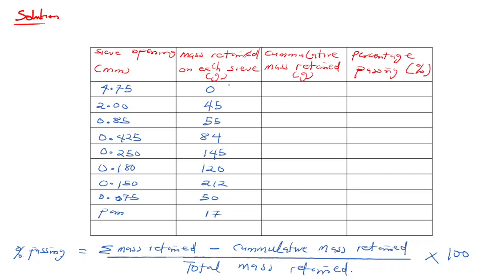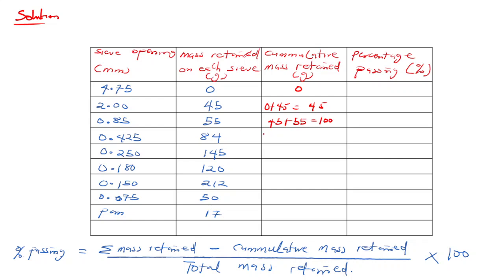So for the cumulative mass retained, we find the cumulative of the mass retained on each sieve. So that is going to be 0, 0 plus 45 will be 45. This is going to be 45 plus 55, which is 100.